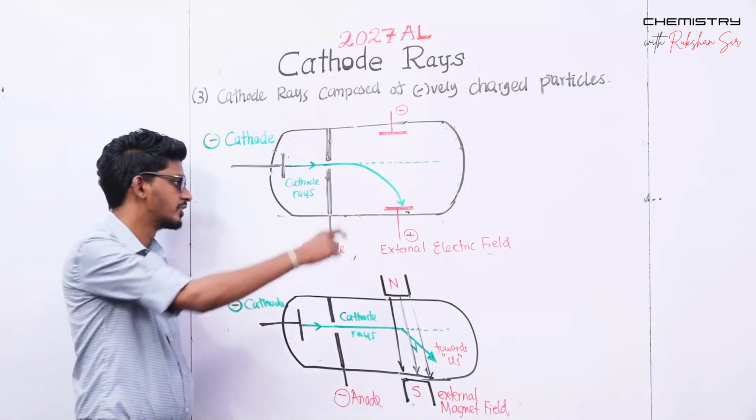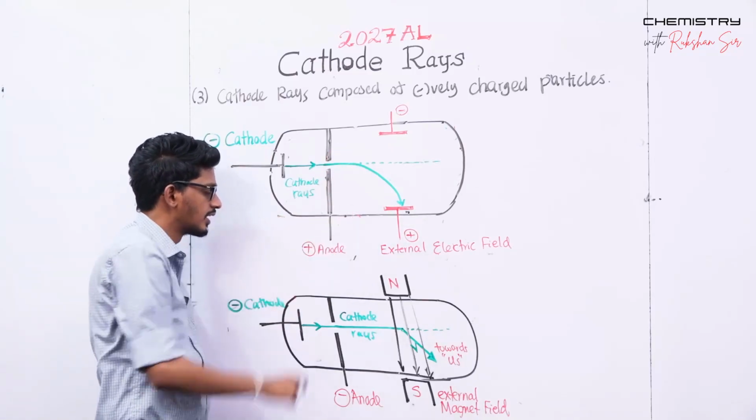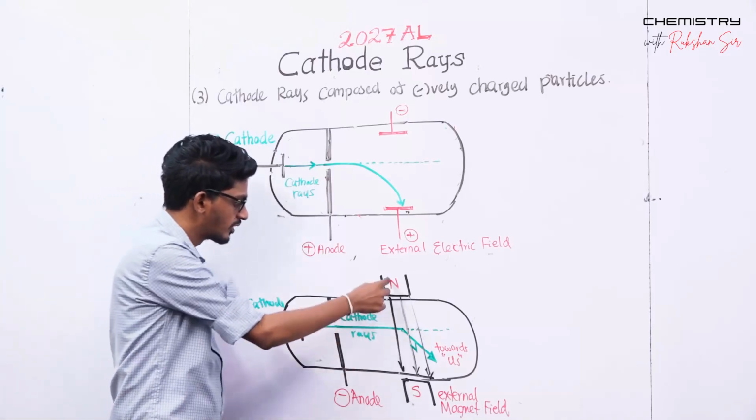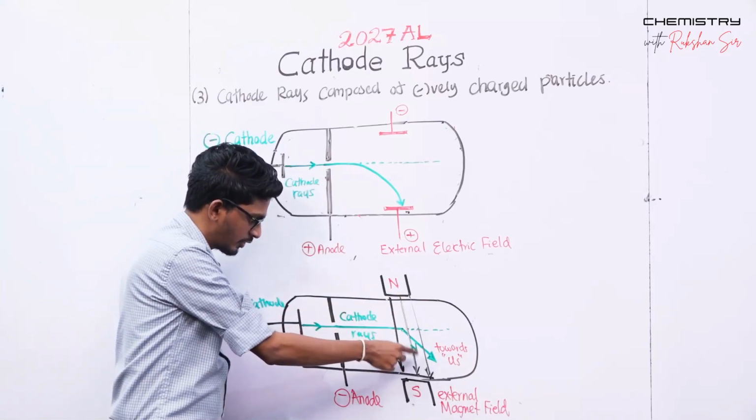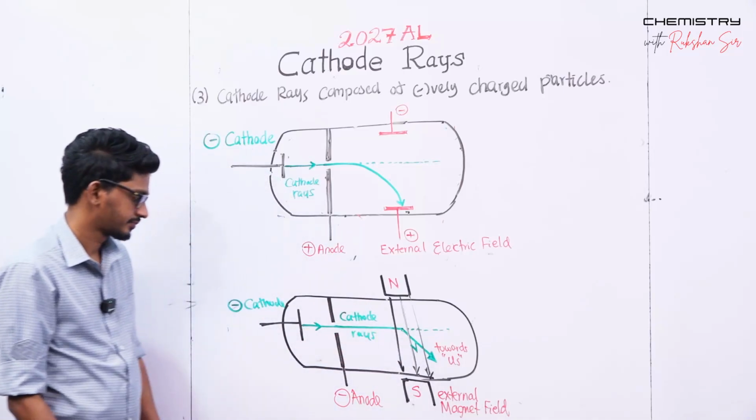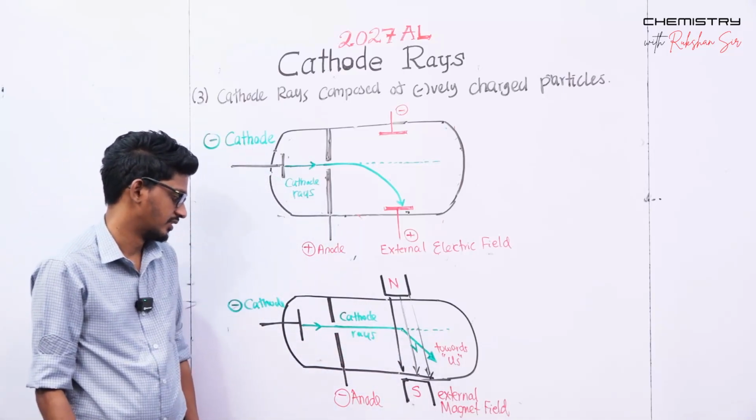So here the deviation is towards the positive terminal, but here the deviation is not towards any of the poles, but perpendicular to the magnetic field.